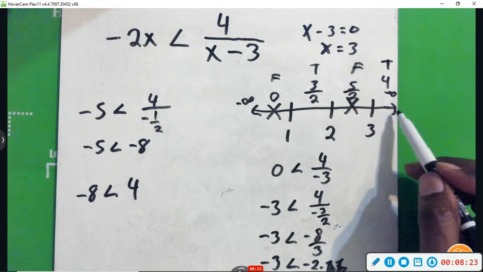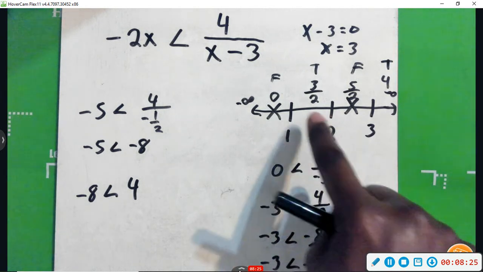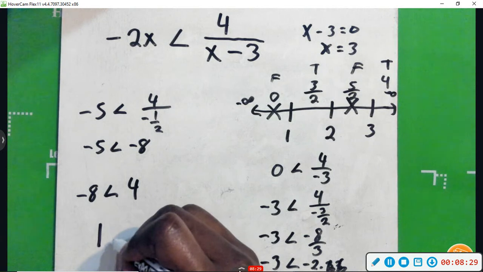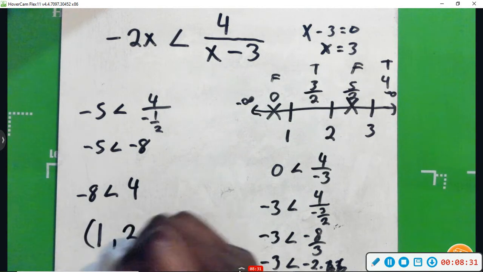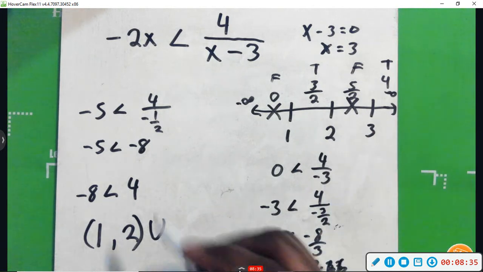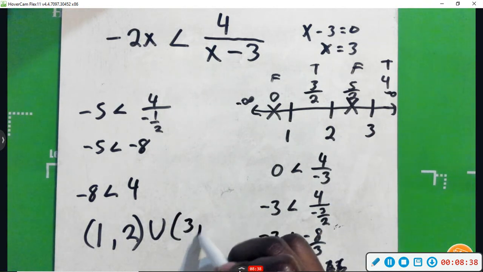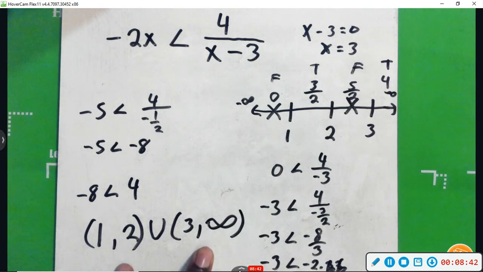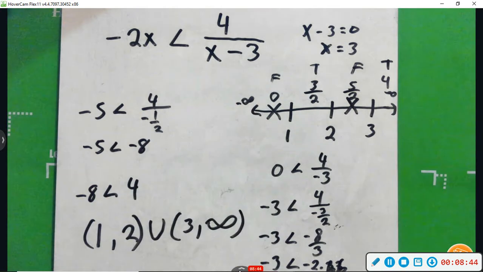So from 3 to infinity we do want. The parts that were true were 1 to 2, so my answer is going to be 1 to 2, and then union, I have this other part from 3 to positive infinity. Okay, so this is going to be my interval that makes this inequality true.